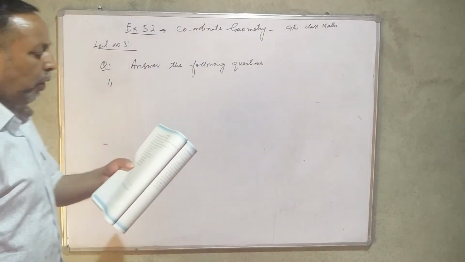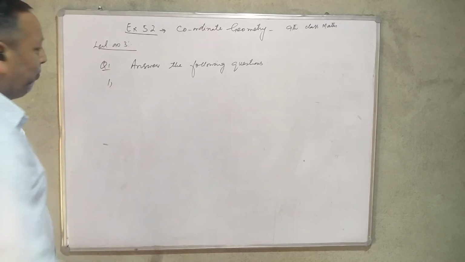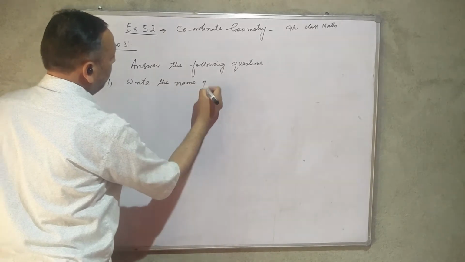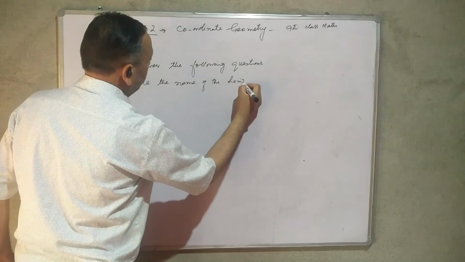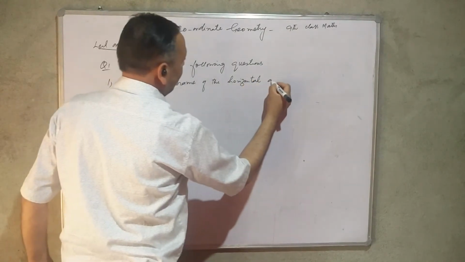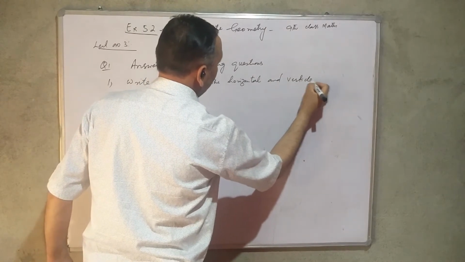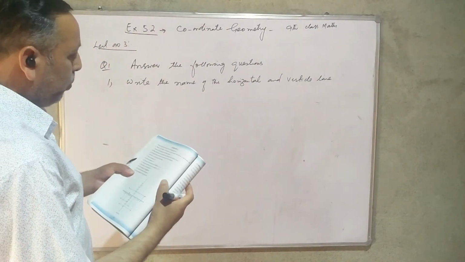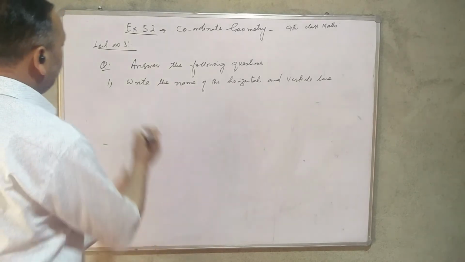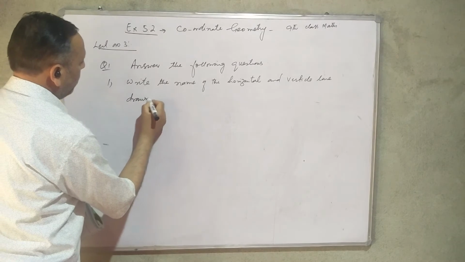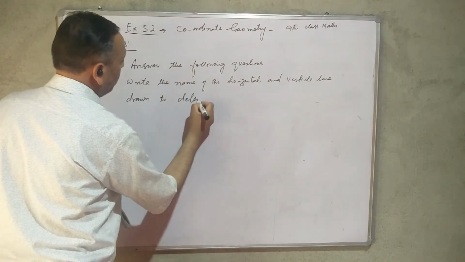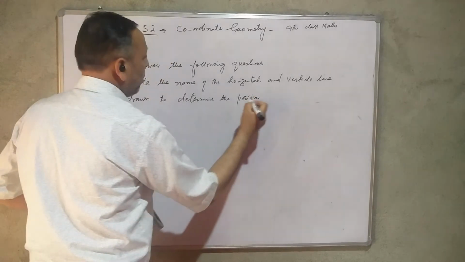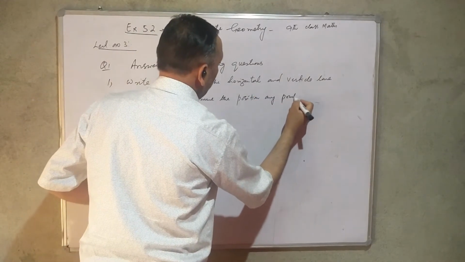First part, write the name of the horizontal and the vertical line drawn to determine the position of any point in the Cartesian plane.